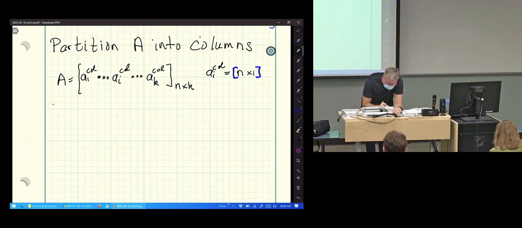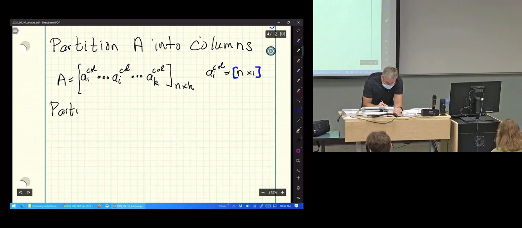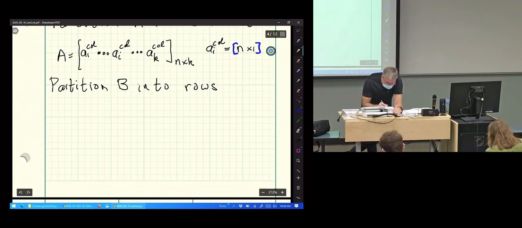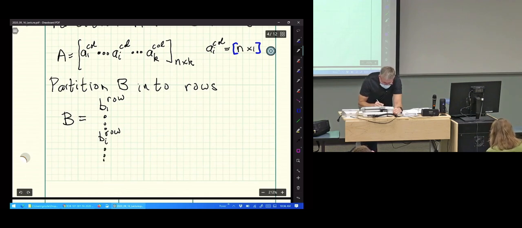Then we partition B into rows. Okay, so I'm going to write out B, and it'll have a first row. We'll figure out where it's going to end in a second. It's going to have an ith row, and then it'll have a kth row.